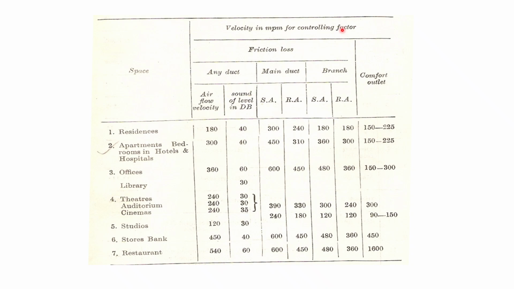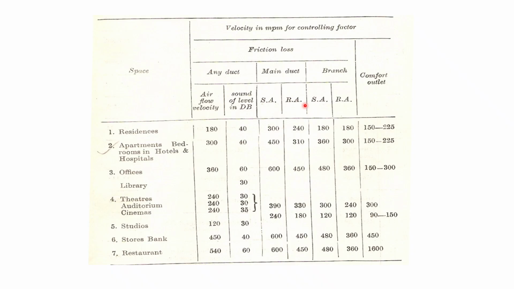Friends, in duct design, the velocity is the controlling factor because this is concerned with the noise level produced by different types of duct. Now, according to space classification of the National Building Code, these are the sound levels in different types of duct systems.